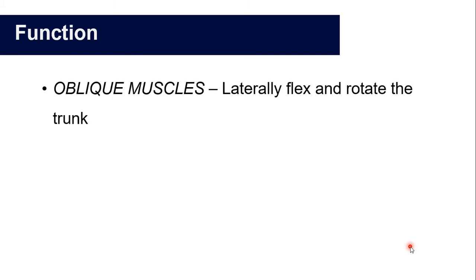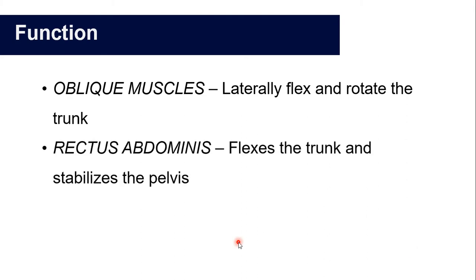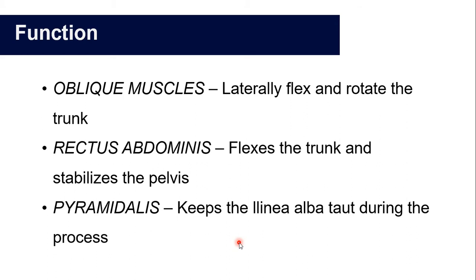We have your oblique muscles, which laterally flex and rotate the trunk. Then we have our rectus abdominis, which flexes the trunk and stabilizes the pelvis. Lastly, we have our pyramidalis, which keeps the linea alba taut during every movement.